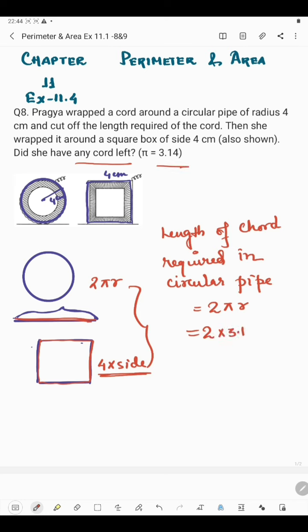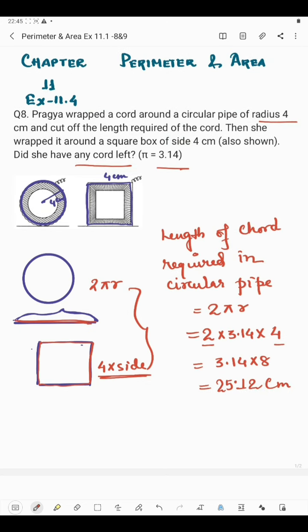So 2 multiplied by 3.14 and radius is 4 cm. Now 4 2s are 8. So 3.14 multiplied by 8. Now 8 4s are 32, 2 write, 3 carry. 8 1s are 8, 8 plus 3 is 11, 1 carry. 8 3s are 24, 24 plus 1 is 25. So 25.12 centimeter. This is the length required to wrap around a circular pipe.